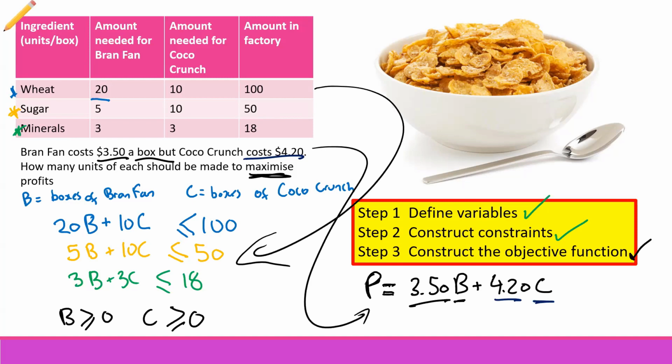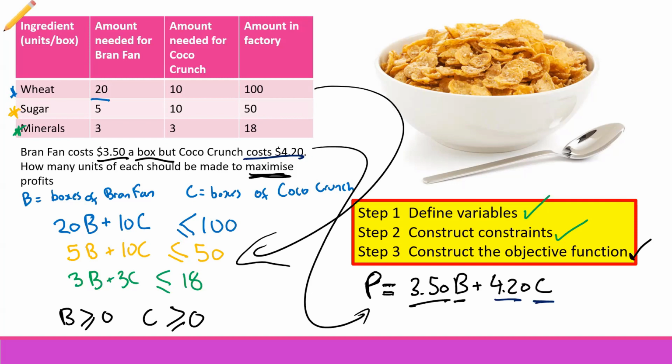If we were to go full Cocoa Crunch, we could make 5 boxes of Cocoa Crunch, but then we'd have 50 grams of wheat left over. So is it worth maybe making 4 boxes of Cocoa Crunch and then 2 boxes of Bran Fan, because then we can maybe maximize it that way?